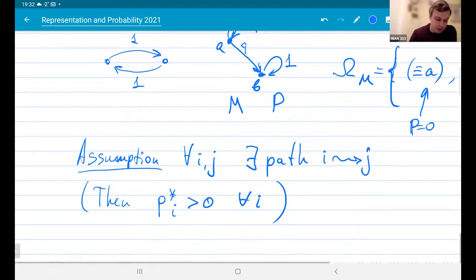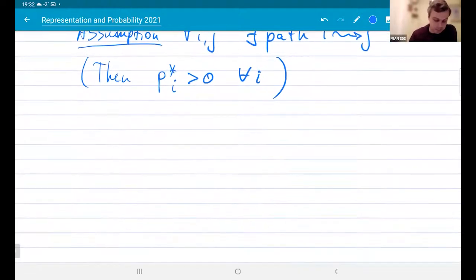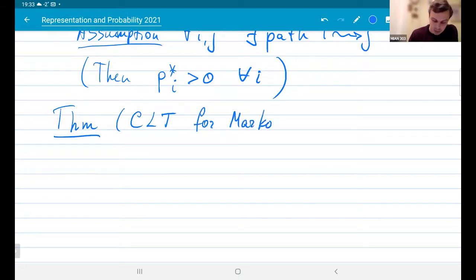And in fact, we have a theorem, the central limit theorem for Markov chains. And it states exactly as was already done.